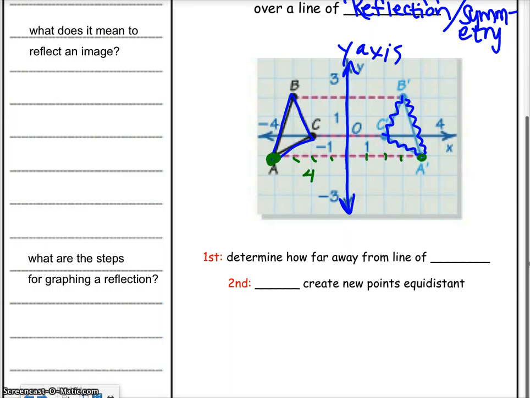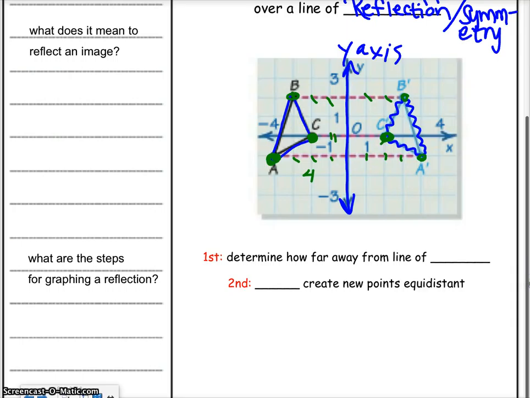I wonder if that's coincidental. How far away is C from the line of symmetry? 1, 2. How far away is C prime? 2. My goodness. How far away is B? 1, 2, 3. What about B prime? 1, 2, 3. Weird. They look equidistant from the line of symmetry.